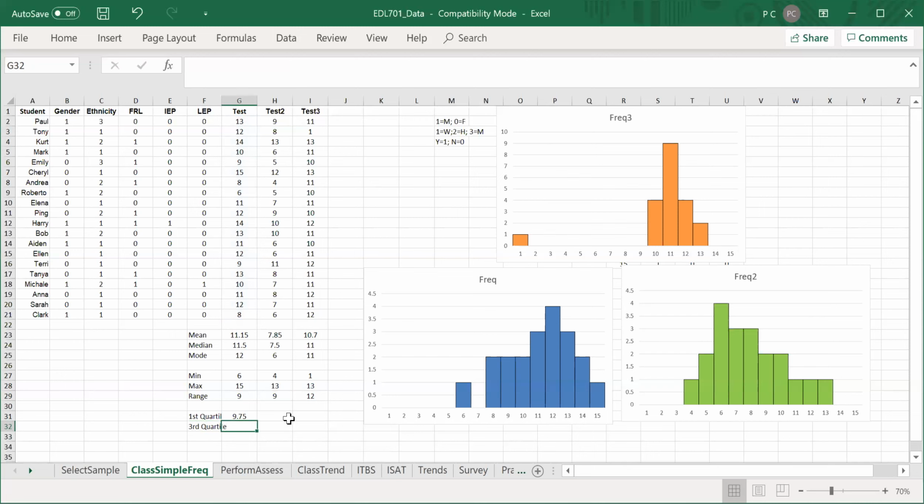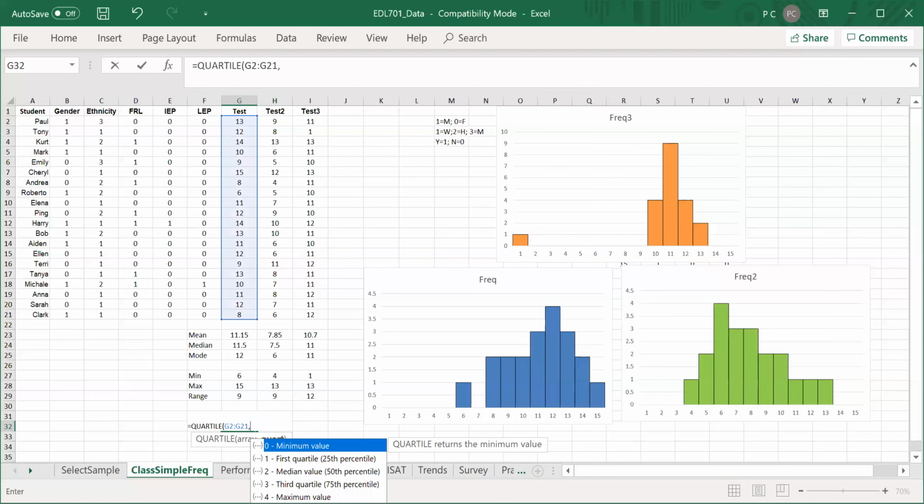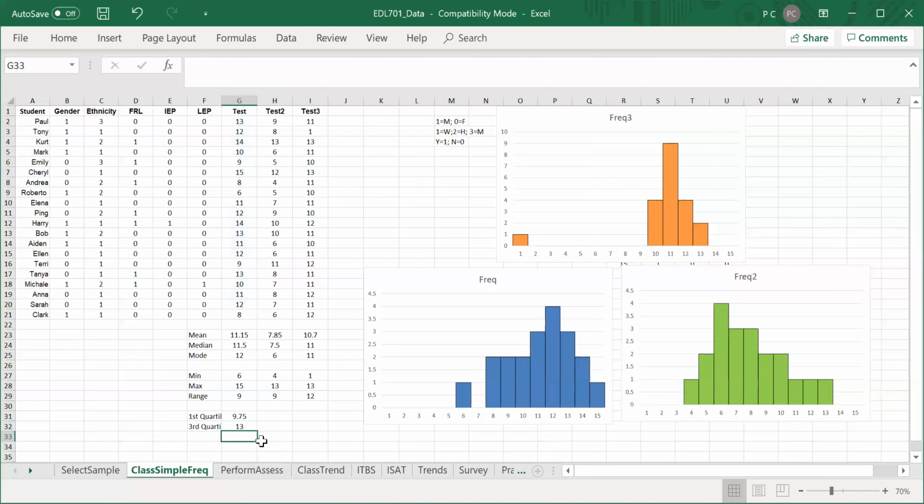We just get the score at the 75th percentile. The function is still quartile, and again I'm analyzing the same data, but here I'm looking at the third quartile. So that's the difference. And so we have the first quartile and the third quartile.